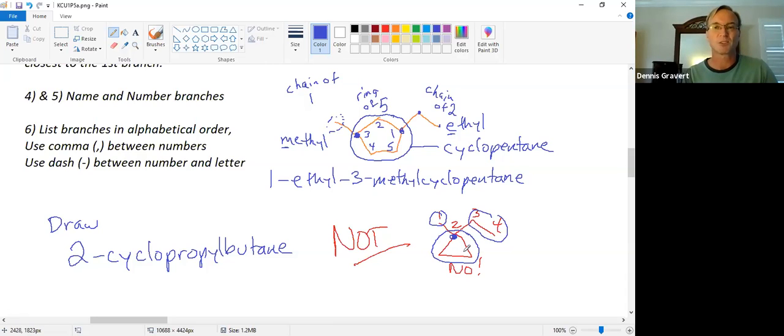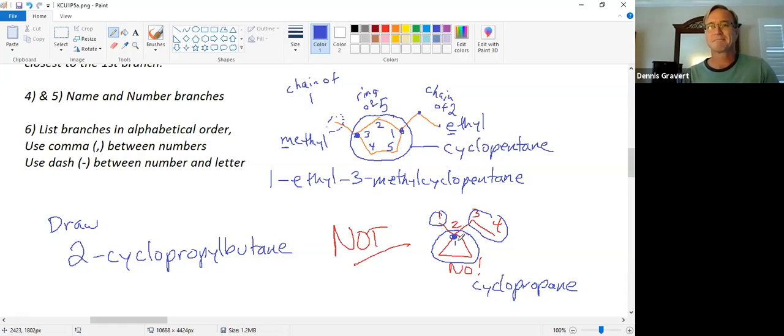Well, the longest chain or ring is a ring of 3 atoms. So the parent name is cyclopropane. Propane, 3 carbons in a ring, cyclopropane. On carbon 1, you want to number the ring to get to a branch as fast as you can. And both of them are on the top carbon of cyclopropane, so that's carbon 1.